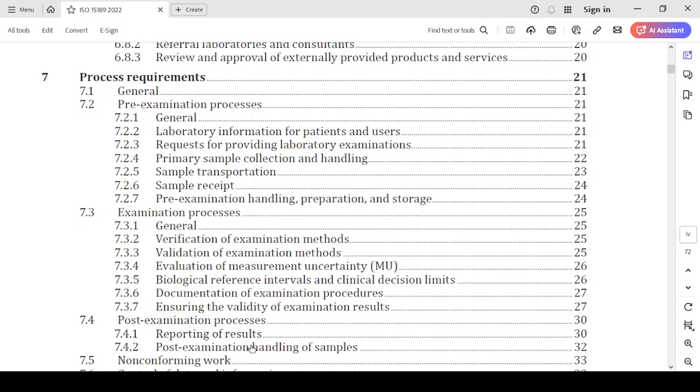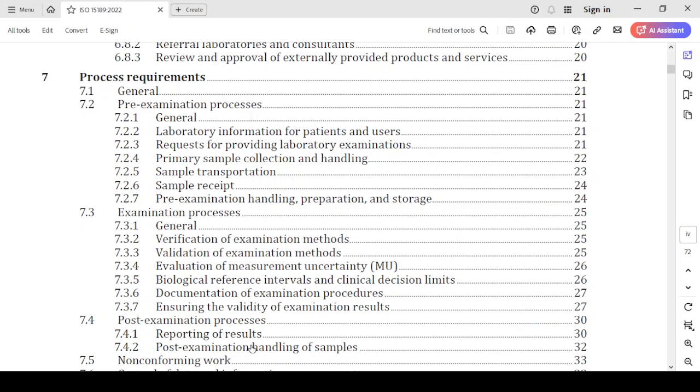Okay, and then clause 4, I told you, talks about the client. If you have these clauses the way I'm talking about them, it will be very easy for you to understand and to know which clause is where. So clause 4 talks about the client. And clause 5 talks about the politics of the lab. By politics, I mean the management structures and everything that has to be in place for you to manage the lab politically.